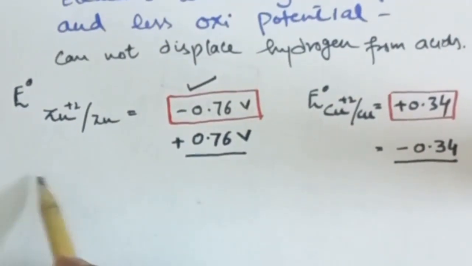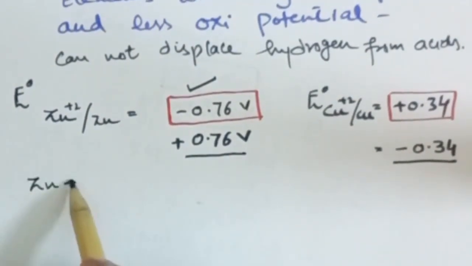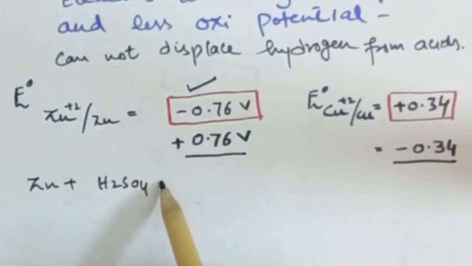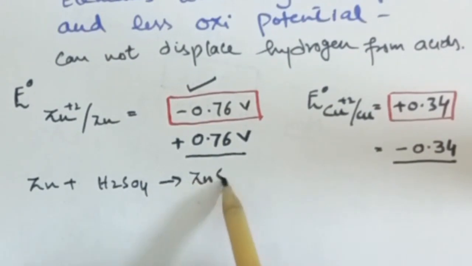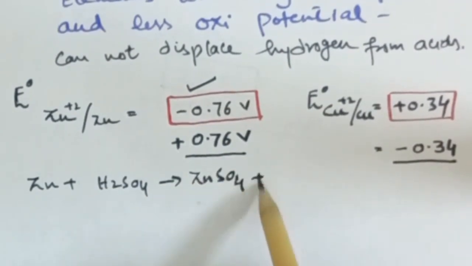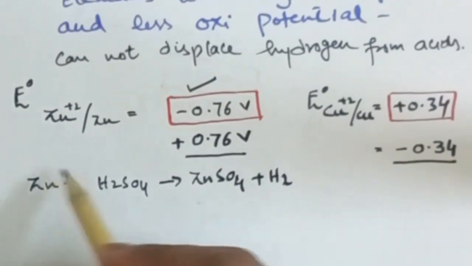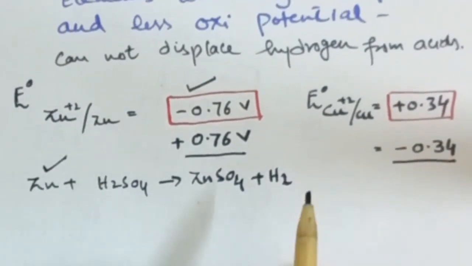If we write down the reaction of zinc with H2SO4, it can form zinc sulfate along with the evolution of hydrogen gas. So this type of reaction is possible, it can occur.